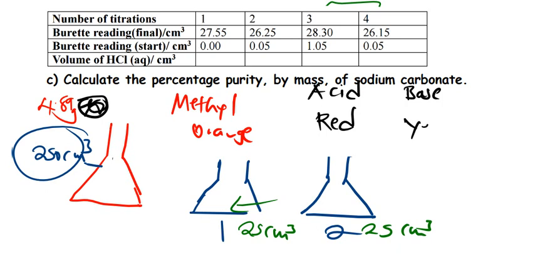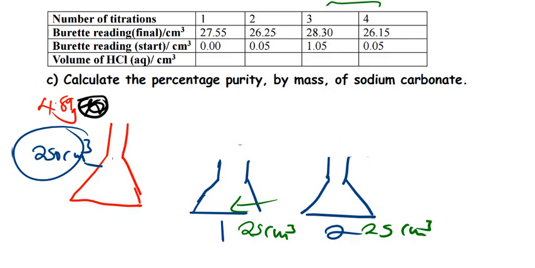We were adding an acid, so that's why it moved from yellow to red. For phenolphthalein, if we actually used it, it would end up colorless in an acid, and it's pink in a base. So let me just mention these two.